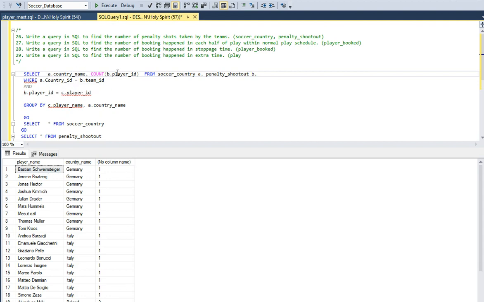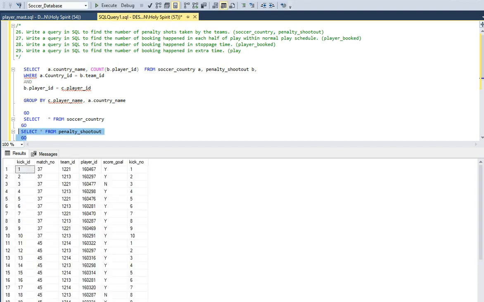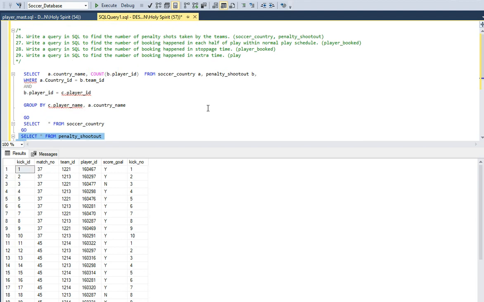So country name and penalty shootout. Penalty shootout. By the teams. Okay, here team ID, not the player ID. Team ID.